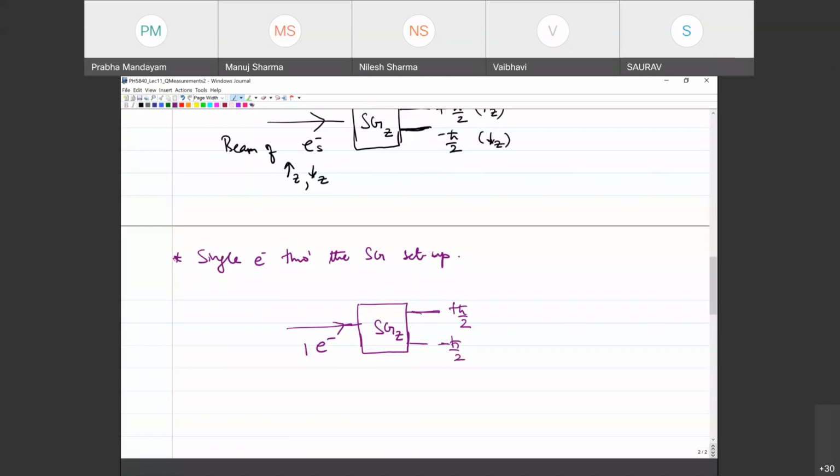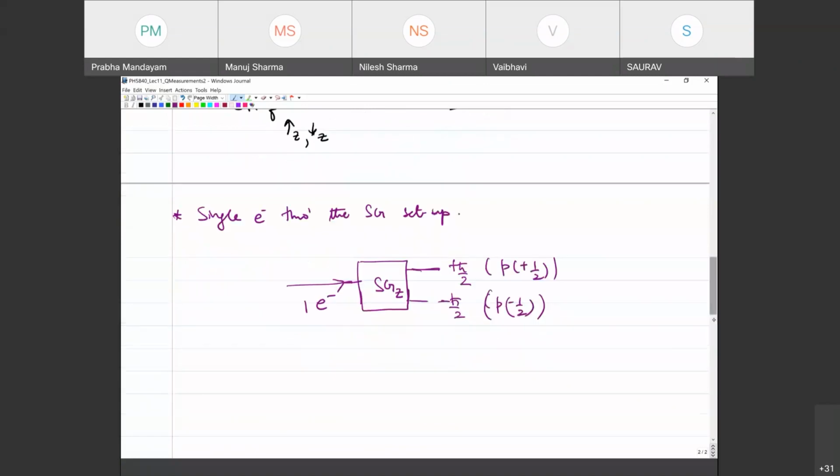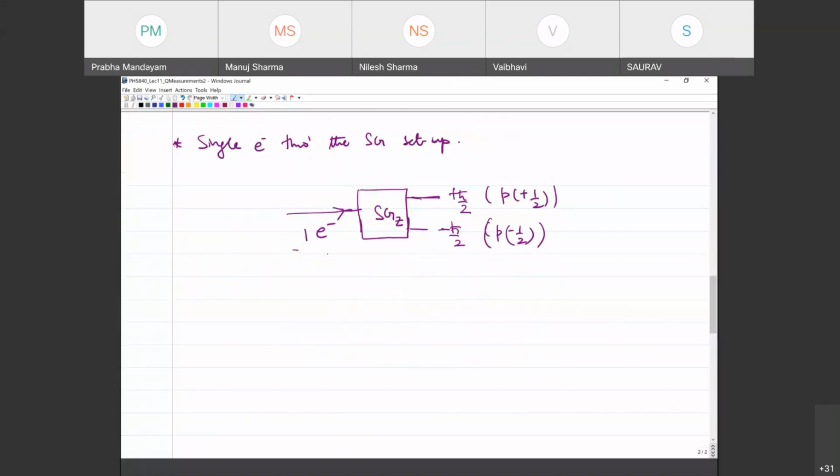And this happens with some probability, which we can call P of plus and P of minus, or P of plus half and minus half, right? And how do we get to these probabilities? We know what to do, right? So the incoming state can be described in some sense. It depends on how I prepare these electrons, right?